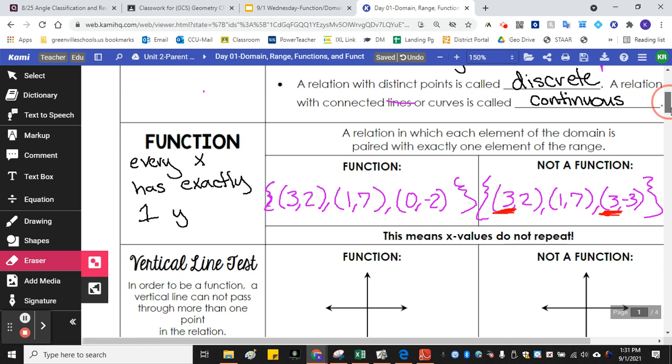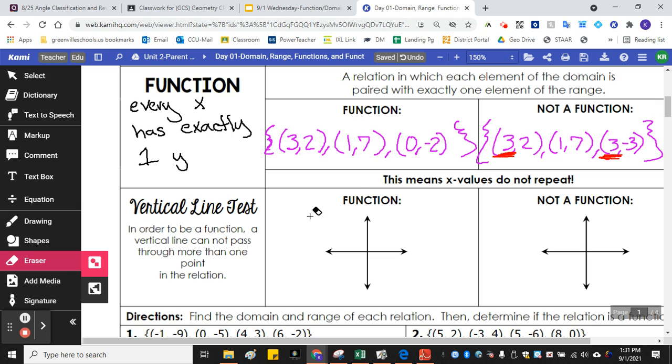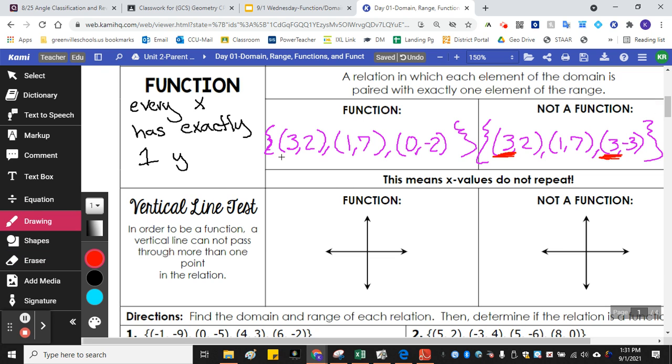If you are looking at a graph, the easiest way to see if it's a function is your vertical line test. Some middle school teachers called it the pencil test. I like that vertical line test though, where you just hold up your pencil. If it goes through 2 points, then it's not a function. So if I draw a vertical line and it only crosses once, it is a function.